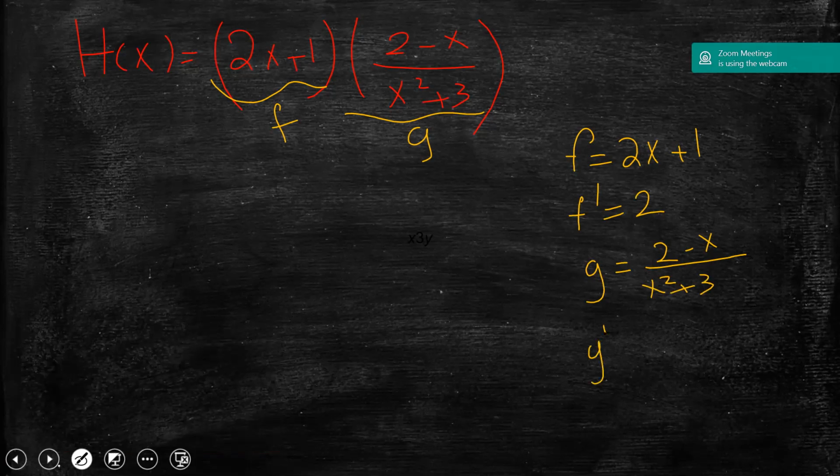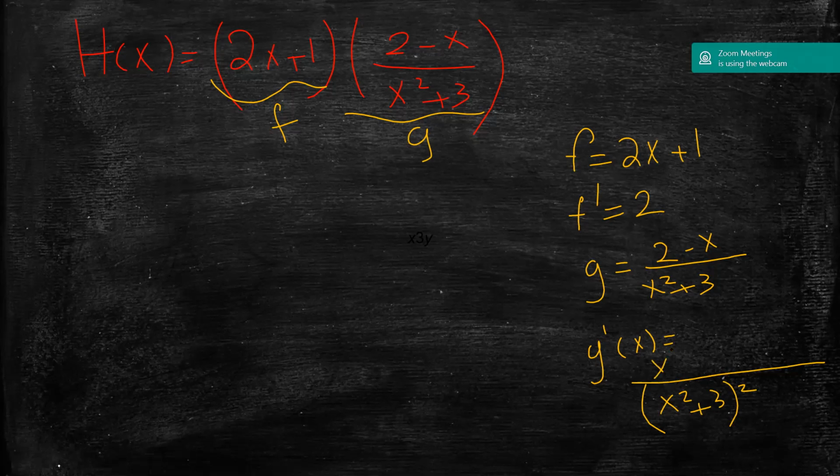So g prime of x will be over x squared plus 3 squared, and then x squared plus 3 times f prime, which is negative 1, minus 2 minus x times g prime, which is 2x.